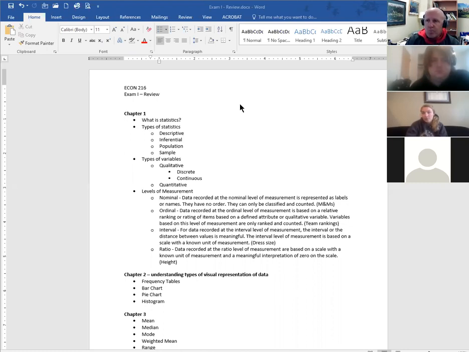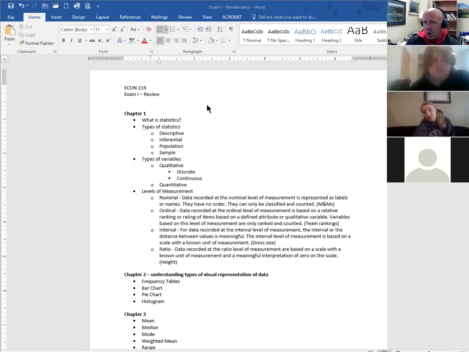We could look at the students in ECON 216 classes, both sections, the 8 o'clock and the 9 o'clock class, and that is the population of statistics students at Western, right? So that is a population. Now it's a sample of all the Western students, but it's also a population. It just depends on how you're looking at the data, and what we're interested in, all right? So that's an important distinction, I think.